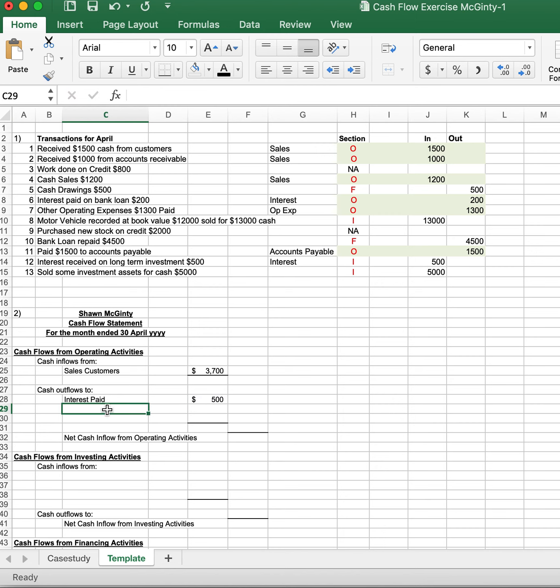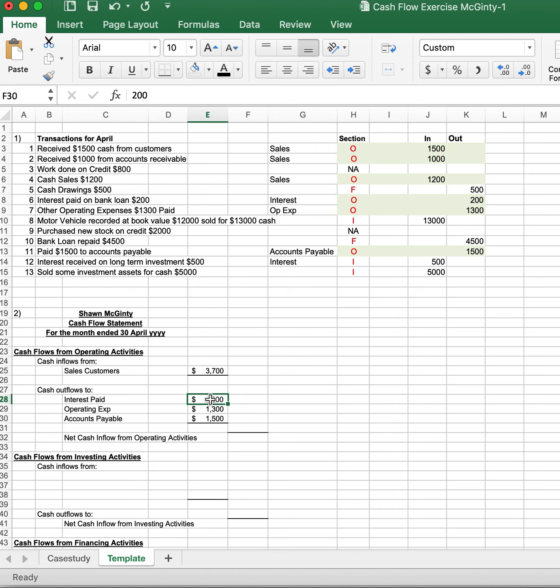Then 200. Double check. It's other operating expenses, 1300. And then it is accounts payable, 1500. Okay, so those are our operating expenses.